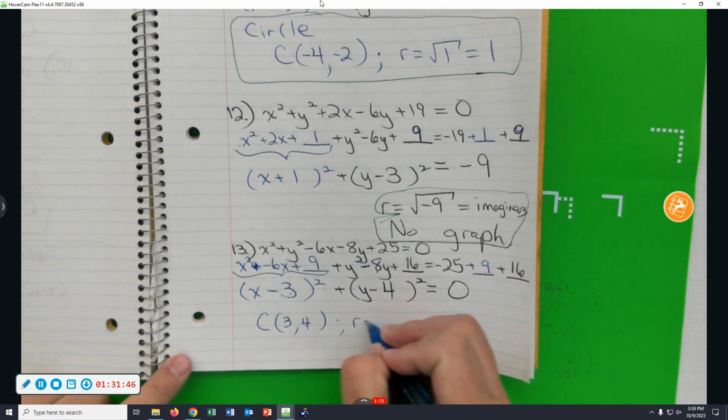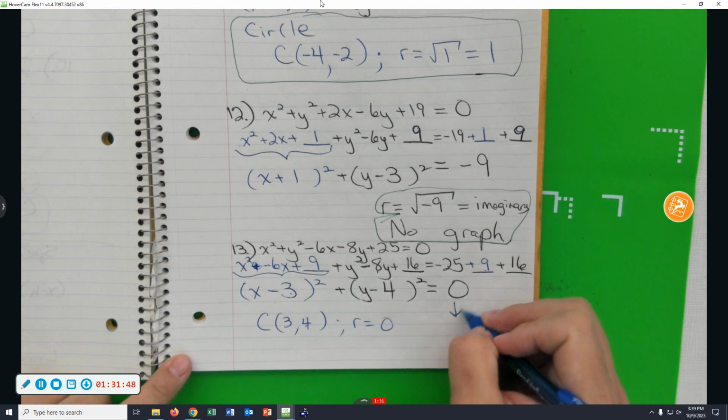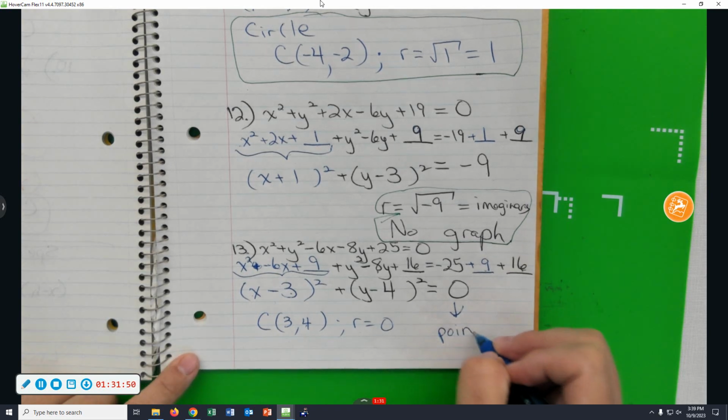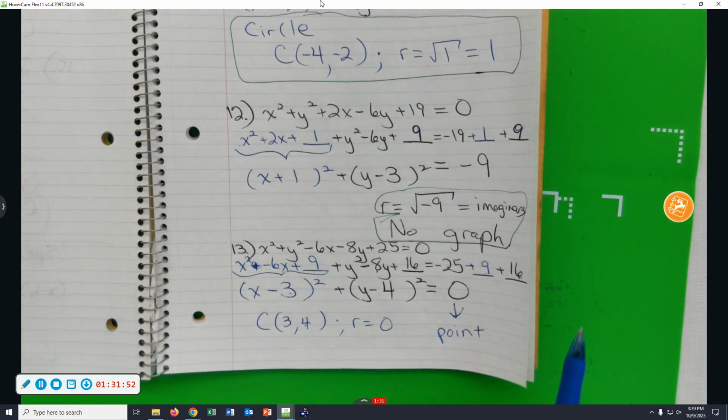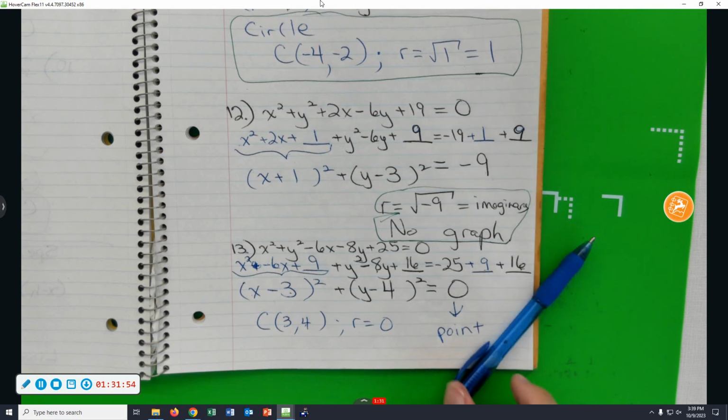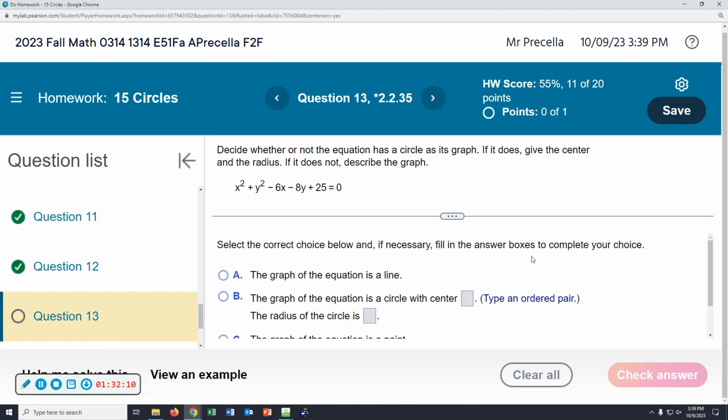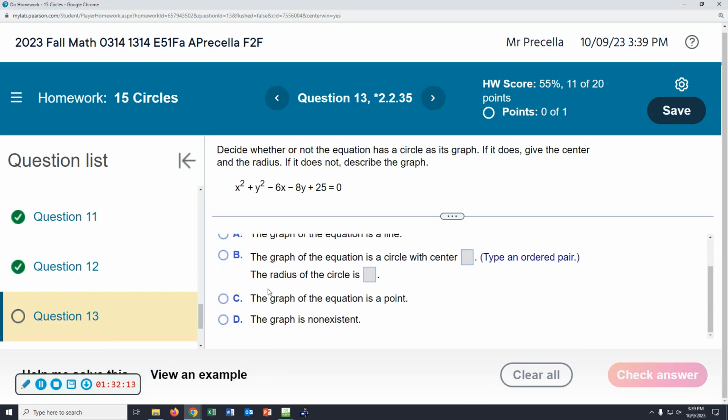So the graph is just a point, but we can be more specific. It's not just any point. The graph is the center point. All you would have is a dot at 3, 4, and that's it. Any questions there? But all they want you to say is that the graph is a point.